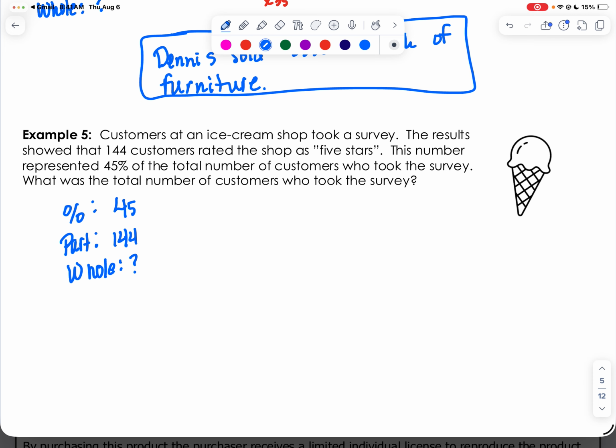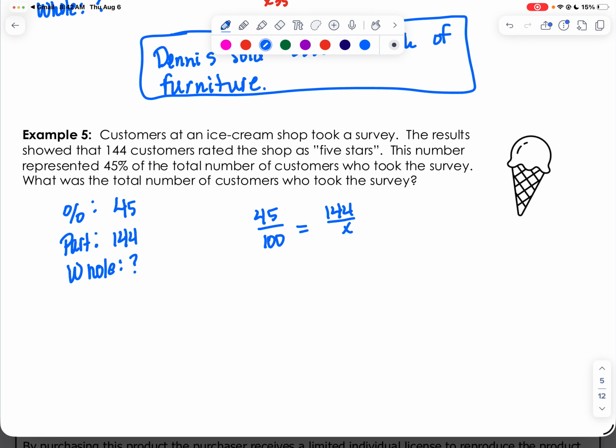All right, welcome back. So when I set this up, I said 45 over 100 is equal to 144 over x. So I wanted to see what the scale factor is. So I'm going to see if 45 will go into 144.